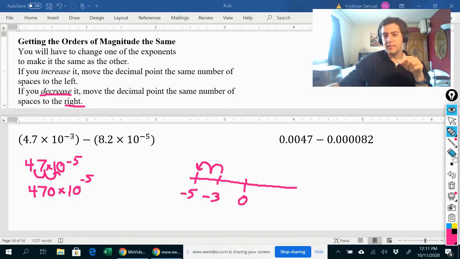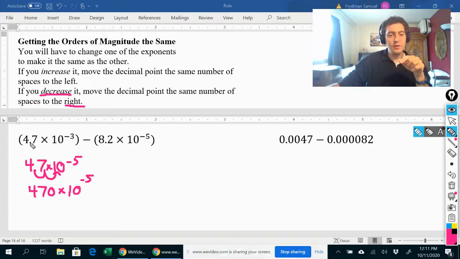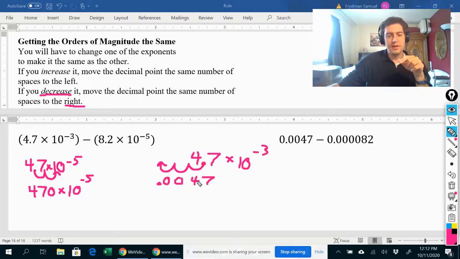Okay? And you can see that this number has the same value as this number. If I write the original number, 4.7 times 10 to the -3rd, and then I count 1, 2, 3, because that's 10 to the -3rd power, I get 0.0047, which is what I wrote over here, by the way. So I wrote this already in standard form.